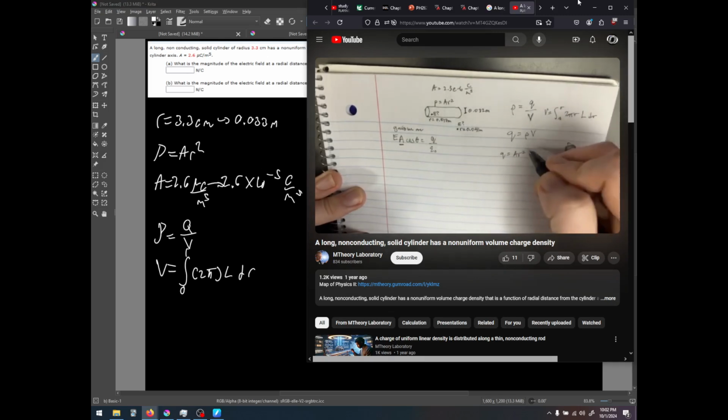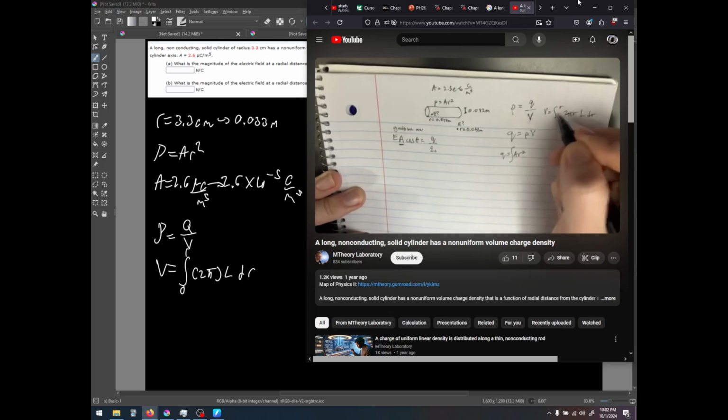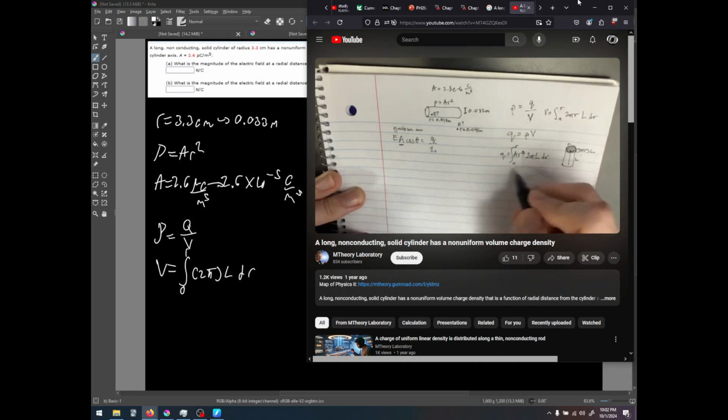And then there's going to be an integral over volume, so we're going to go through to r. There's 1 r there, and then we get 2 pi r. We pull out all the constants, so it's just going to be A, L, 2 pi r, and r squared.